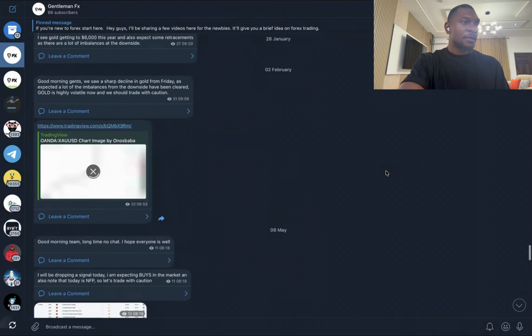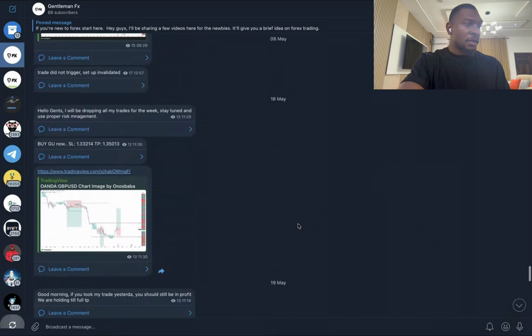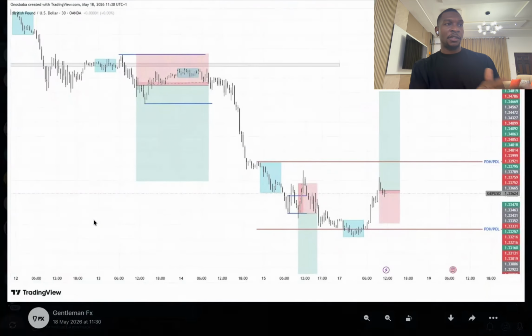Even when you see this outlook here, you can see this trade 1:3 TP, this trade 1:3 stop loss. Then I took this buy, 1:3 TP, right? So two wins, one loss, right?